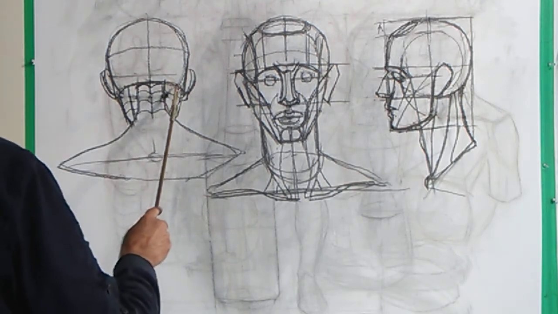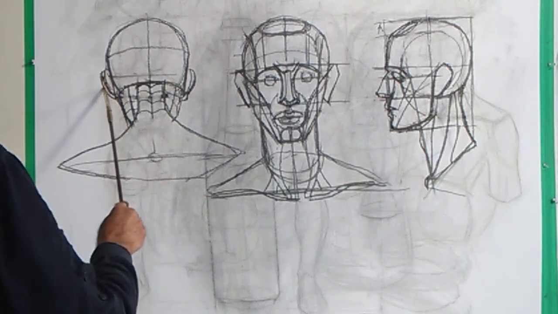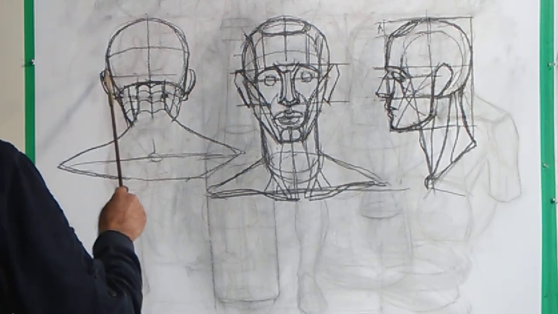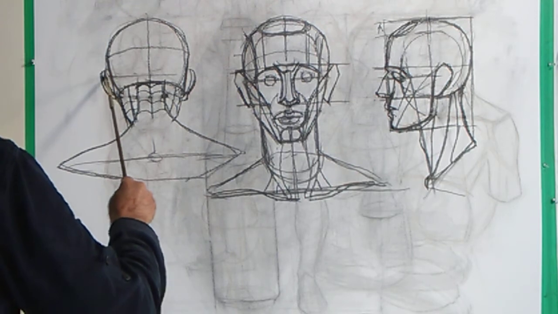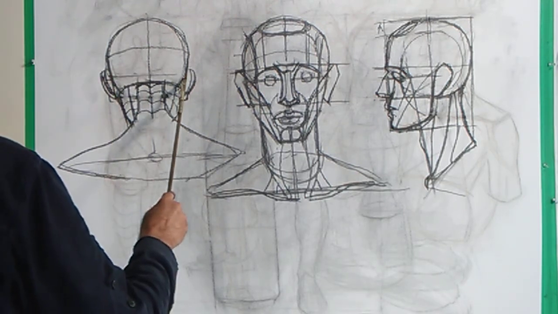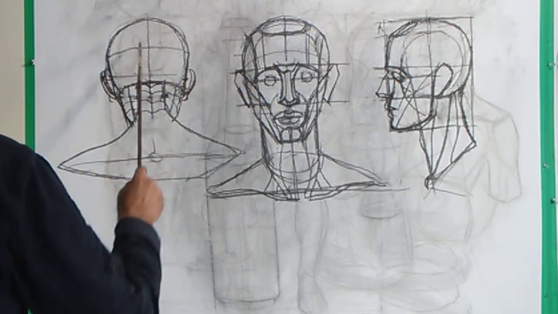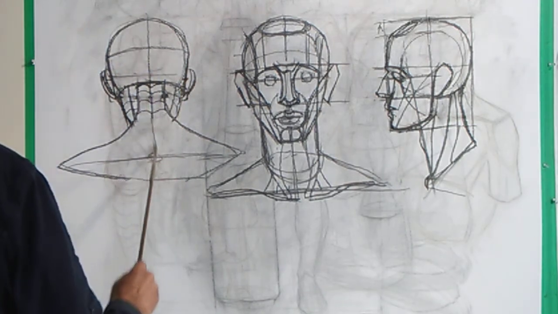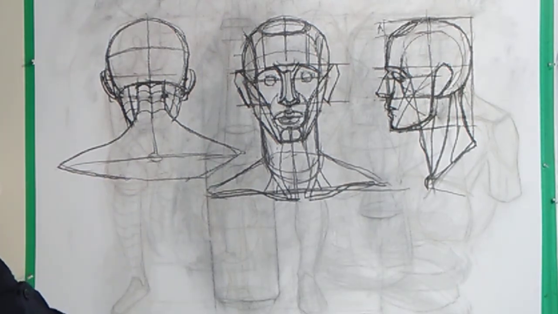Edge of the cheek is in here. Okay, so you got a little bit of the curve of the earlobe, back of the ear, and it's a little trumpet-like feel back there. You won't see much of it, of course. And basically, that's our back view. Okay.